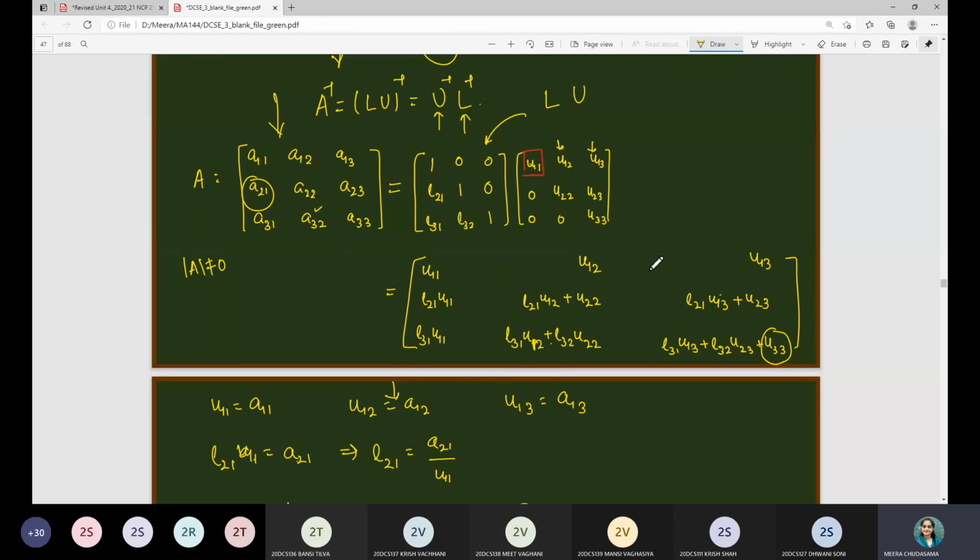These 9 equations that you will get have left-hand side entries that are all known to you. So from the previously found values, you can get the values of all these Lij and Uij, and that is the LU decomposition of the given square matrix. Is this method clear to you?